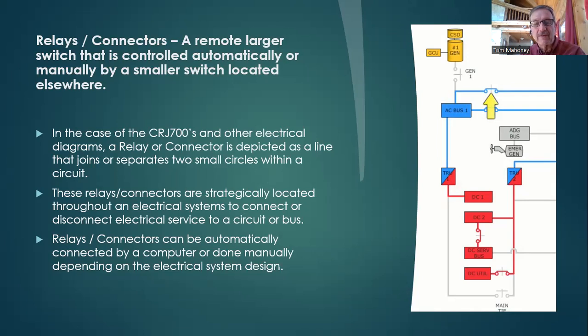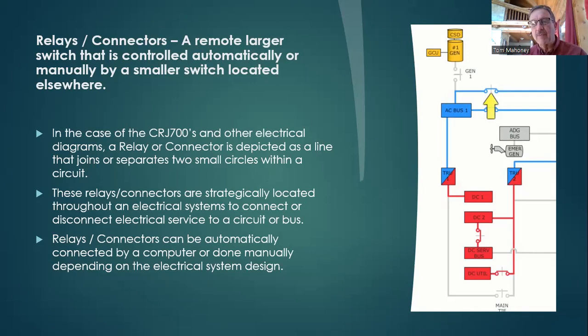Relays and connectors can be automatically connected by a computer or done manually depending on the electrical system. So it's important to understand that the jets that we fly today use a lot of computers, and this is how we were able to do away with requiring a flight engineer, that third person on the flight deck.